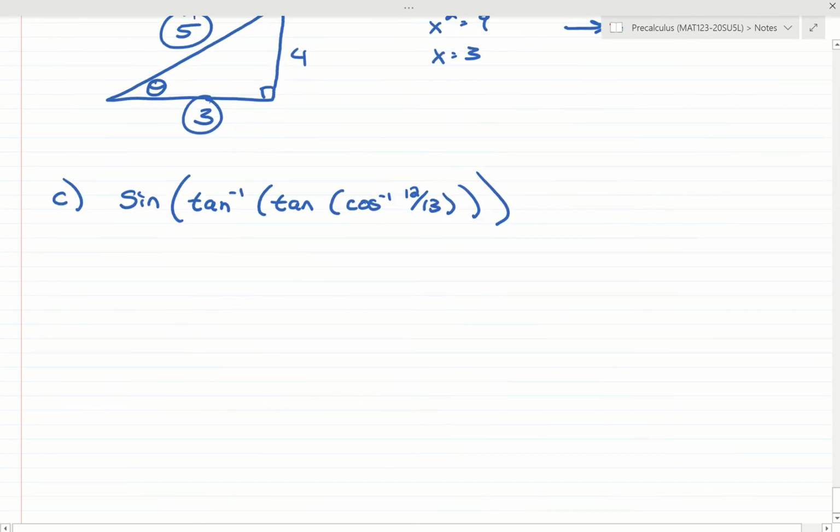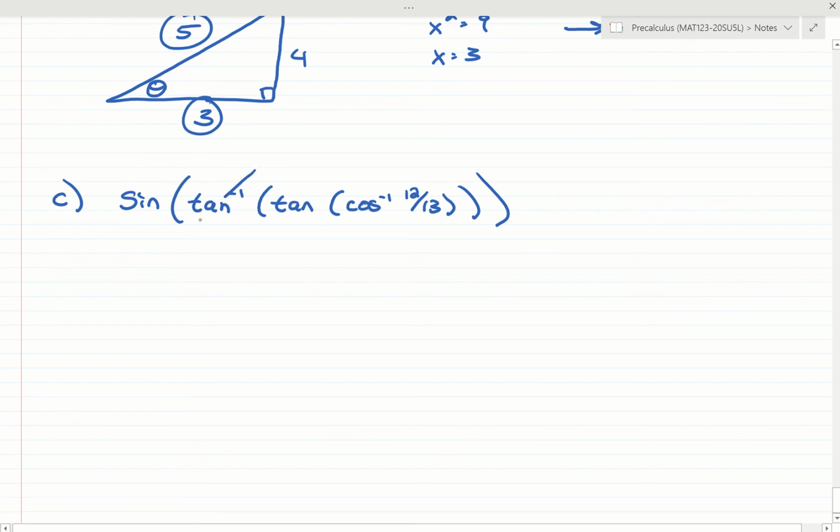So obviously this one looks pretty complicated, but tangent and inverse tangent cancel each other out. Just like if you were to multiply by 2 or divide by 2, those are inverse operations. So we can make this a lot simpler by canceling those terms out and just writing the inverse cosine of 12 over 13.